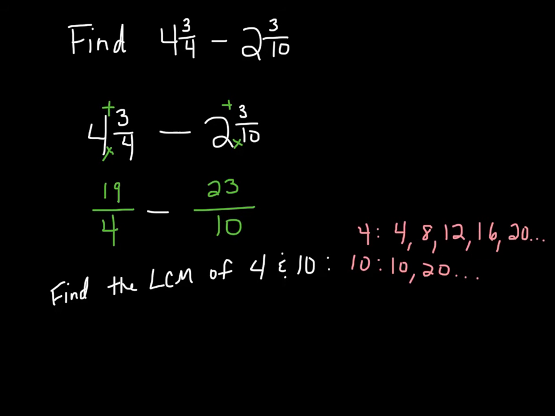The multiples of 4 are 4, 8, 12, 16, 20, and I'm going to stop there because I can tell that 10 is going to go into there. Multiples of 10 would be 10 and 20, and I see that they have this one in common, so I can go ahead and use 20 as my new denominator for each of my fractions.